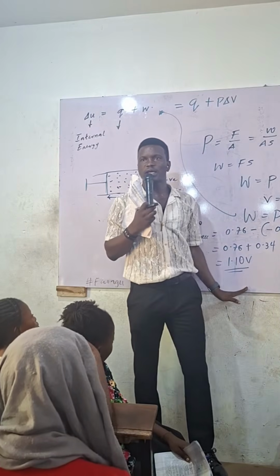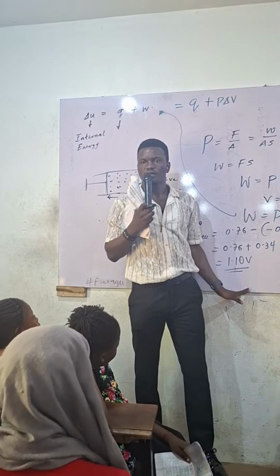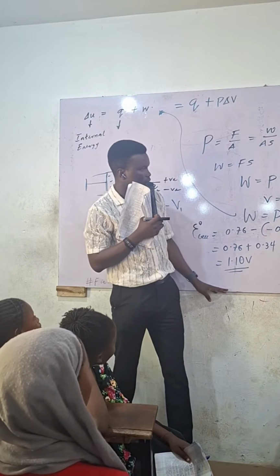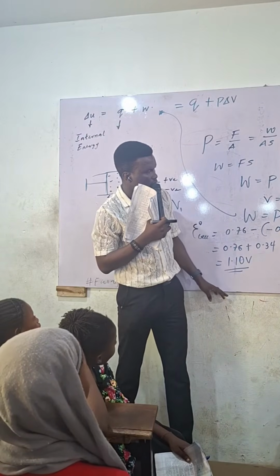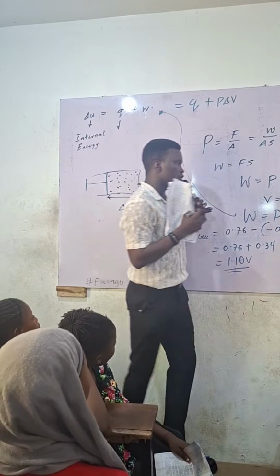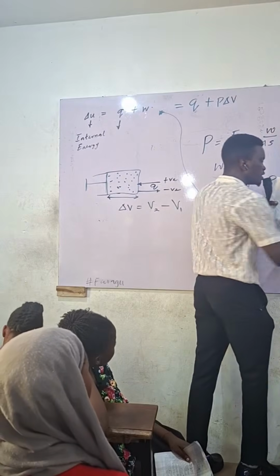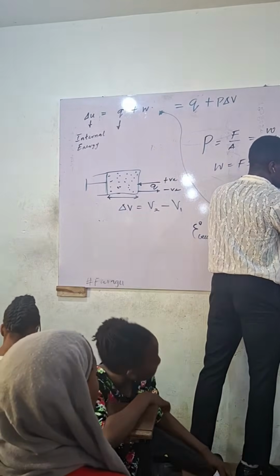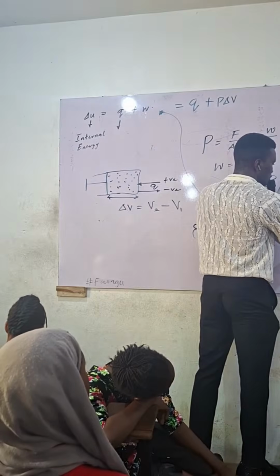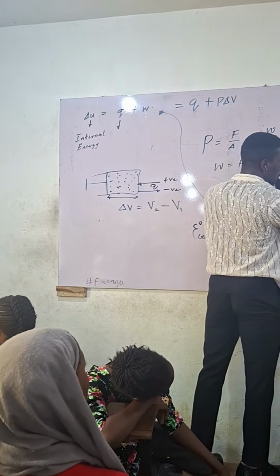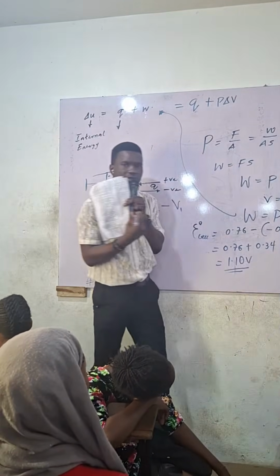Why don't you understand this? So 0.76 should be negative because it's an oxidation potential. Oh, sorry, I said both of them must be reduction potential. No, it's correct now. Is that okay now?